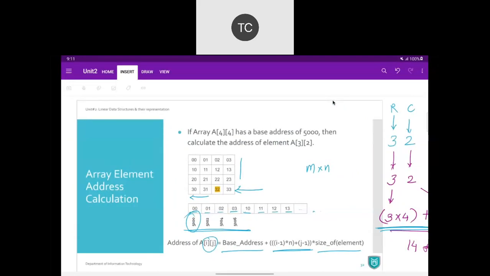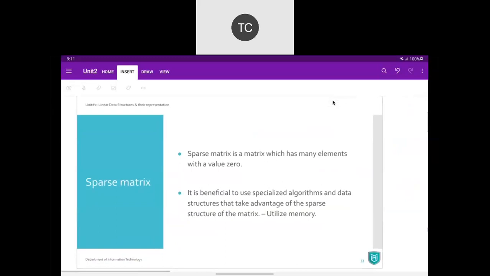From now on, let's continue and go through the upcoming topics. The next thing that we want to discuss here is the sparse matrix. Matrix, which means it is a 2D array. Now, can anyone tell me what is sparse? Well, I think the answer is on the screen right now.